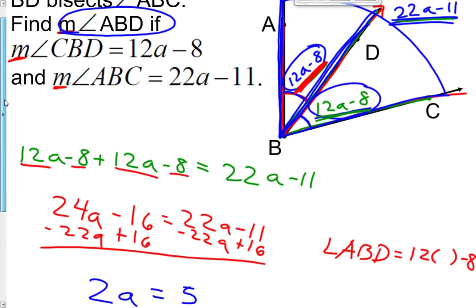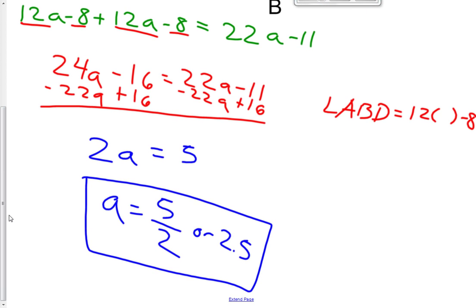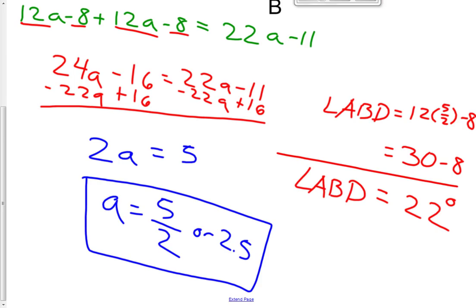Did I get that right? 12 times A minus 8, and A is 5 halves. So 12 times 2.5 is 30. And 30 minus 8 would be 22 degrees. Angle ABD is 22 degrees.